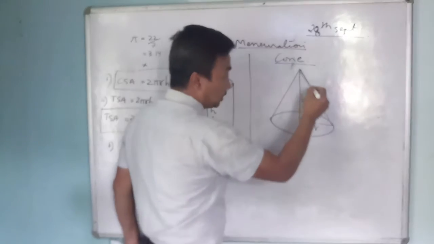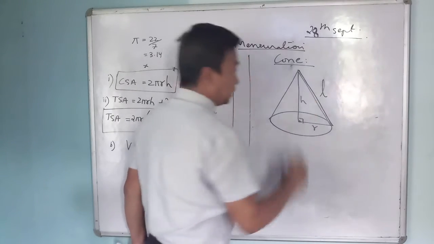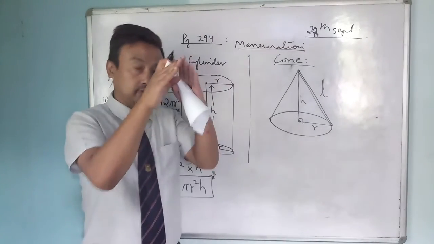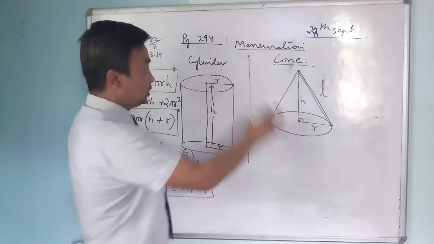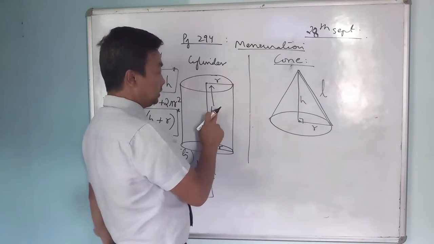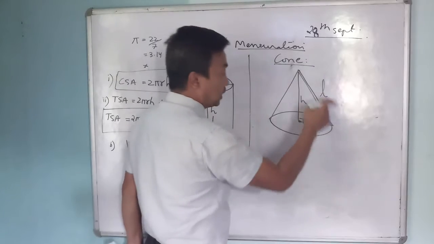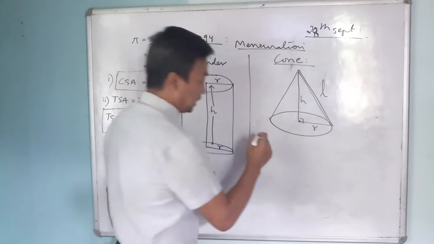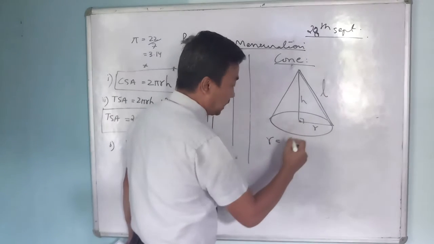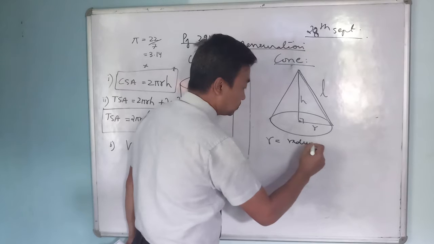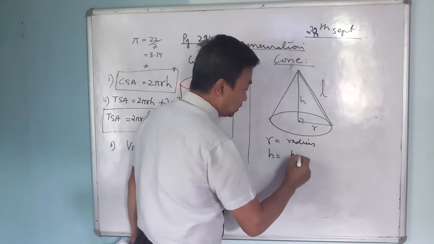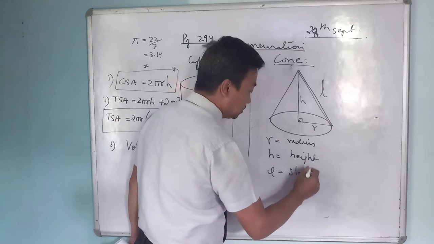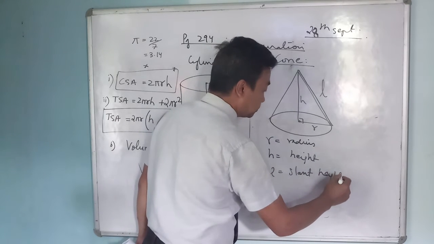So you will find one height here, that is the new thing in the cone, that is called slant height, because it has been slanting and it meets at a point. So in case of a cylinder you have got only radius and the height, but in the cone one new nomenclature is added, which is known as the slanting height. So r will be your radius, h will be your vertical height, and L will be your slanting height.